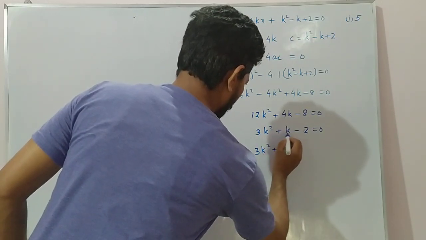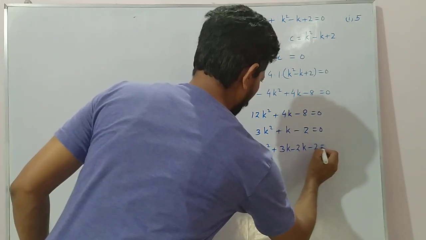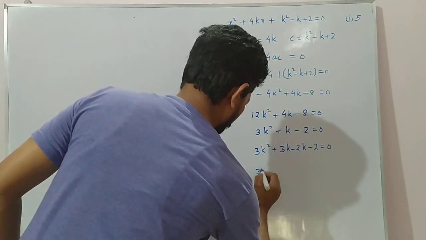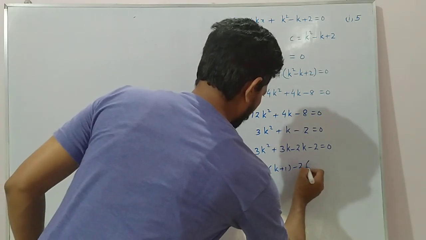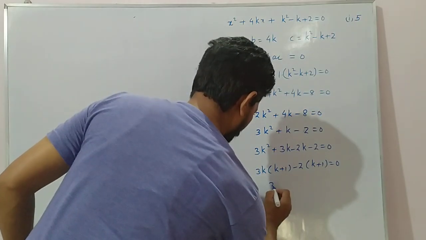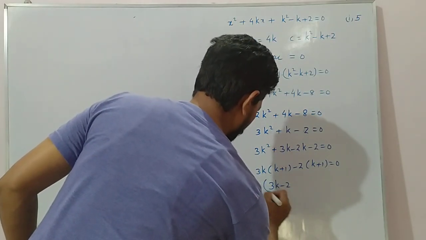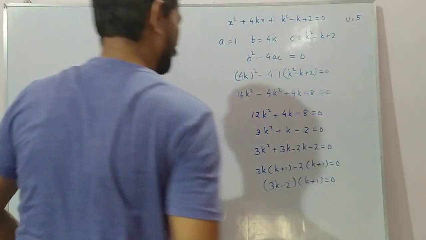3k square plus k, this can be written as 3k square plus 3k minus 2k minus 2 equal to 0. 3k into k plus 1 minus 2 into k plus 1 equal to 0. 3k minus 2 into k plus 1 equal to 0.